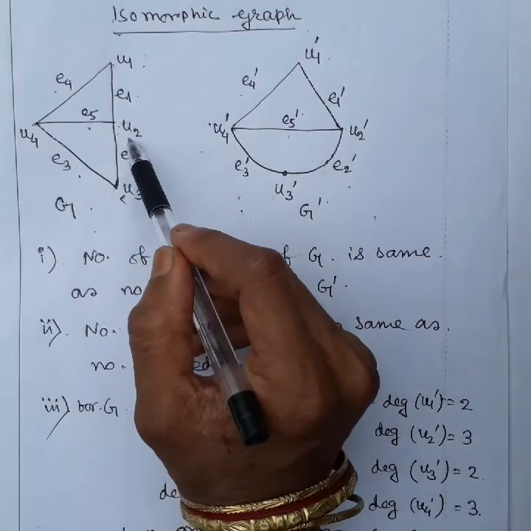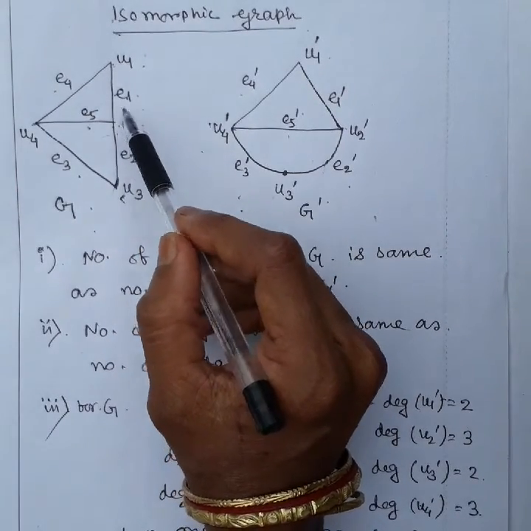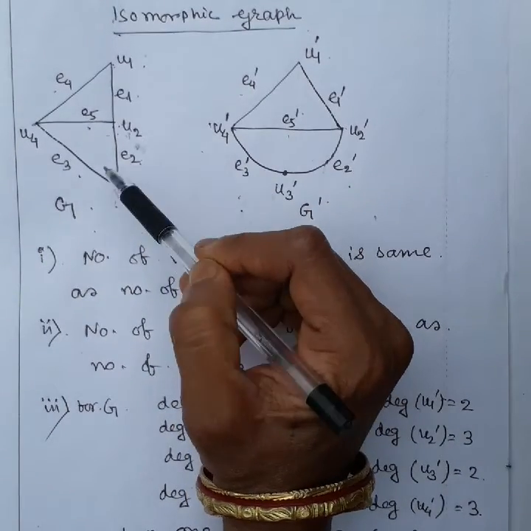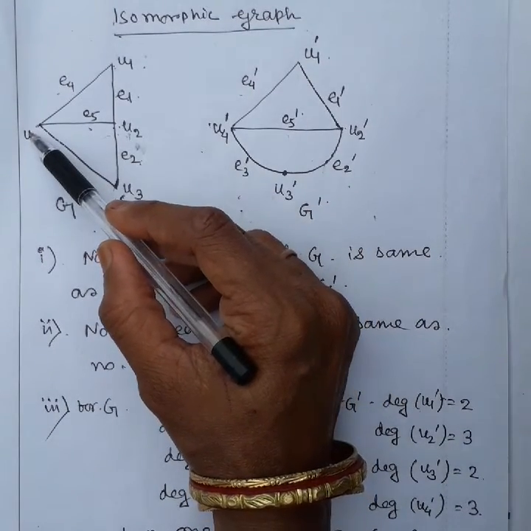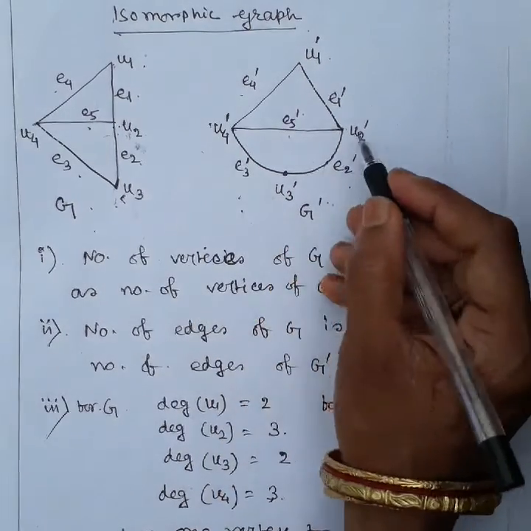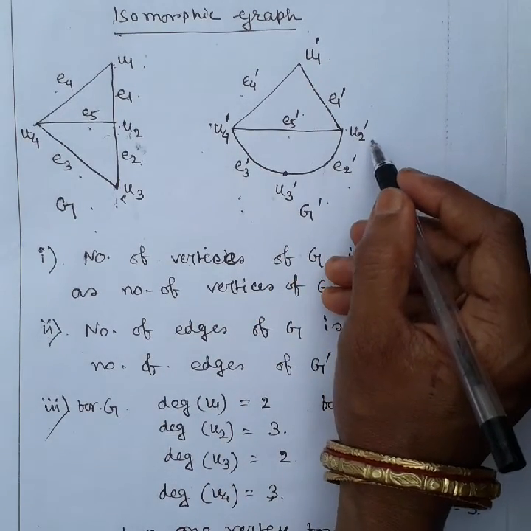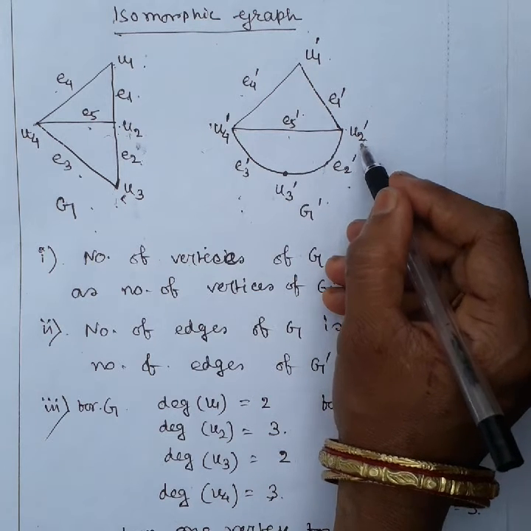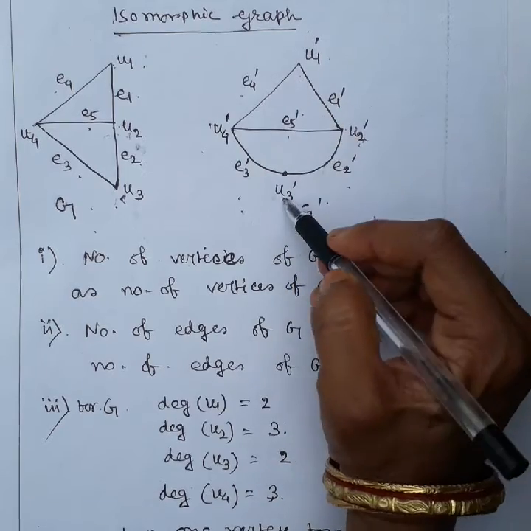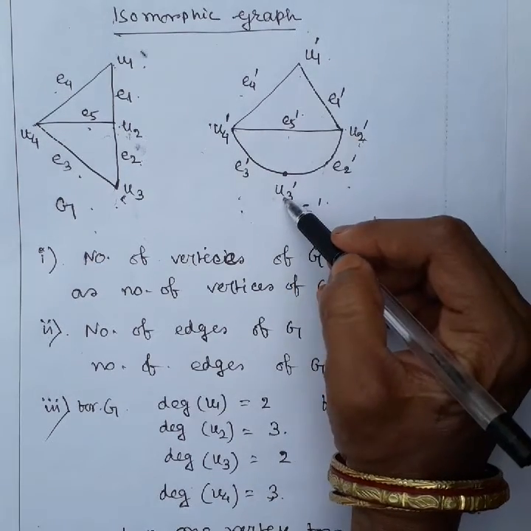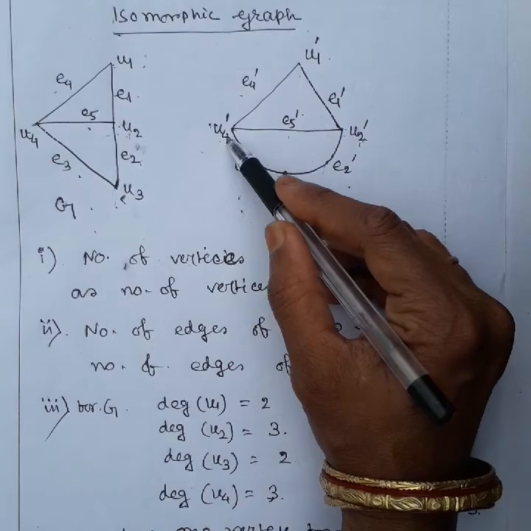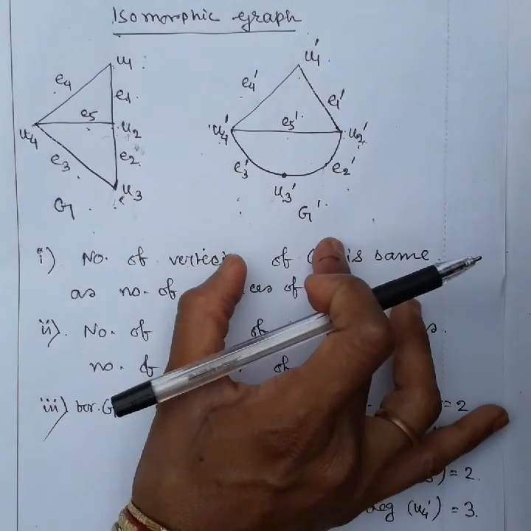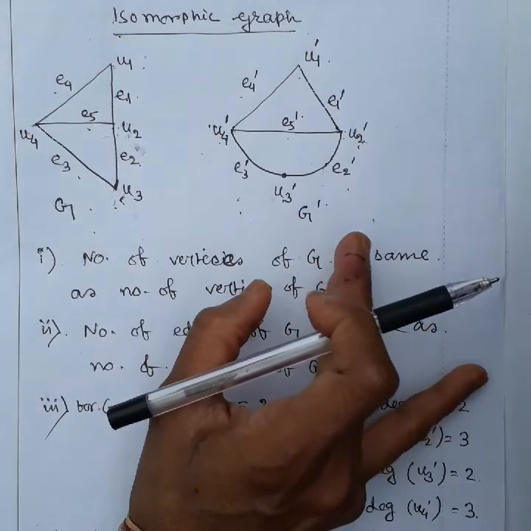That means we take U2, which is a 3-degree vertex, and the adjacent vertices U1 and U3 of U2 are 2-degree vertices, and U4 is a 3-degree vertex. Okay, and the same holds for U2 dashed also. In G dashed, U2 dashed is also a 3-degree vertex. Okay, and its adjacent vertices U1 dashed and U3 dashed have 2 degree, and U4 dashed has 3 degree. Okay, so both in G and G dashed, the incidence relationship is the same.